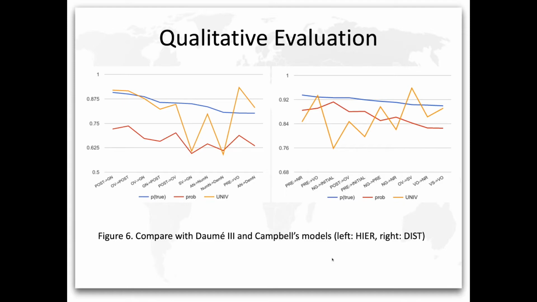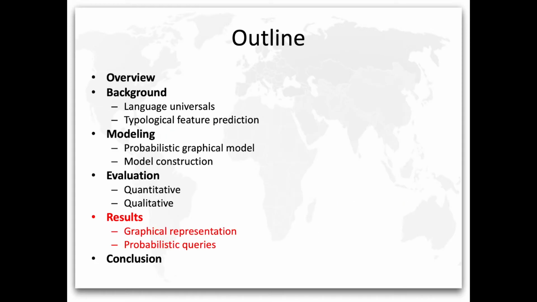They have 2 models, and our probabilities are this orange line. You can see the numbers have some variations from their numbers, but the variations are not too big.